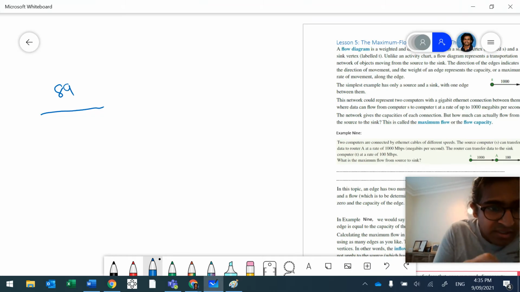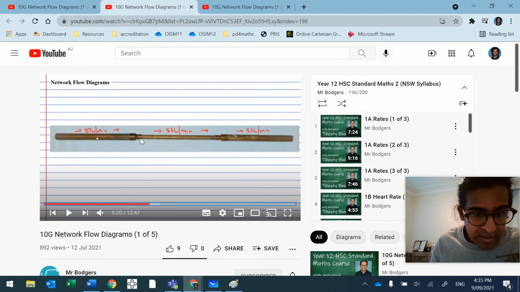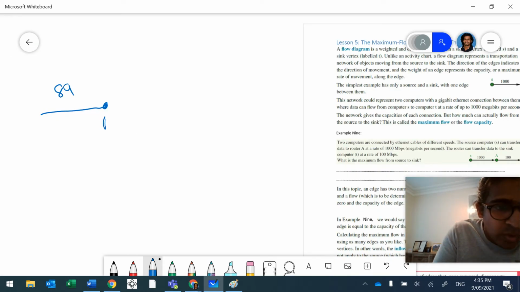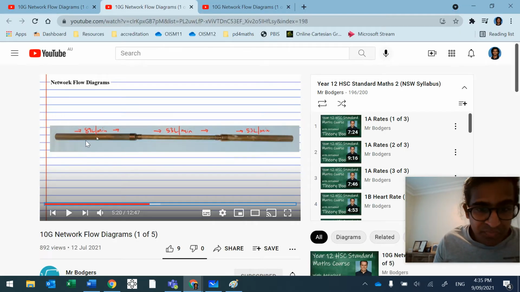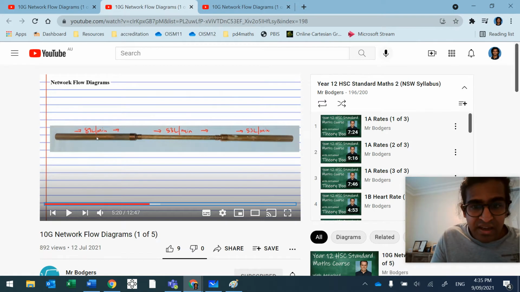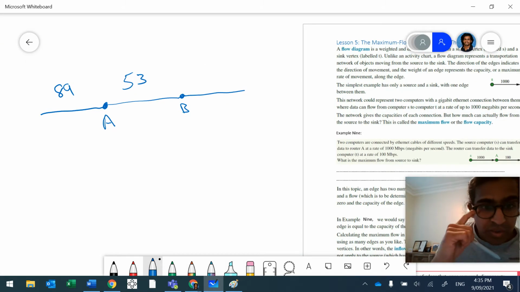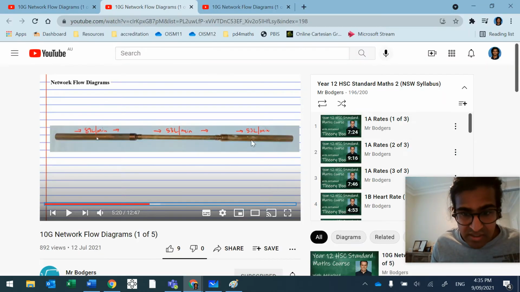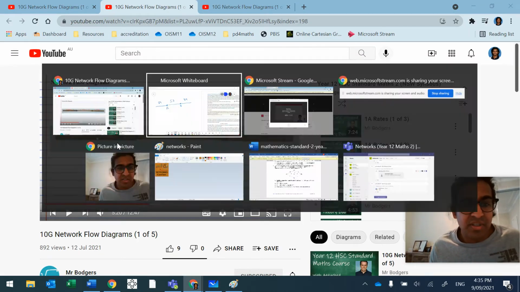And then let's say it hits this little junction, and we'll call that vertex A. Then we've got this edge, which has a capacity of 53. And that junction we'll call B. And then we've got our final edge, which will have a capacity of 89 because it's the same diameter pipe as before.